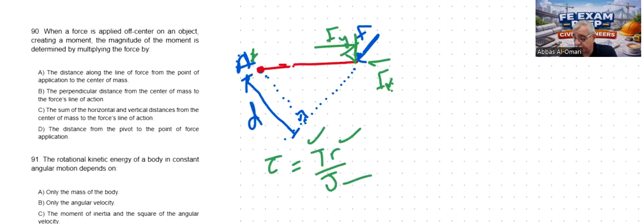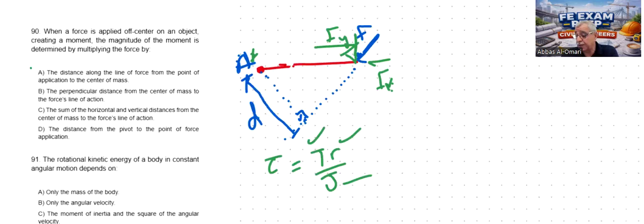This type of question repeats in every FE exam, so you should look for the word perpendicular. The force and the distance should be perpendicular.